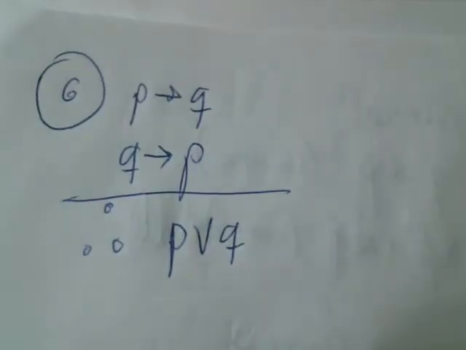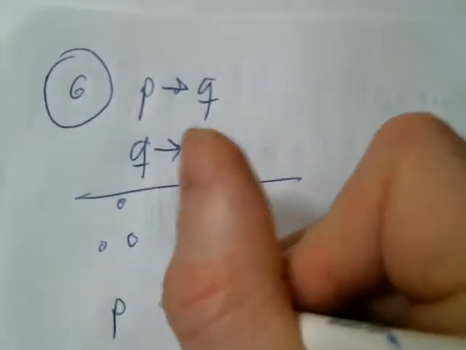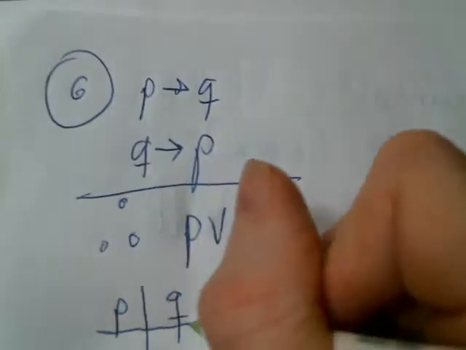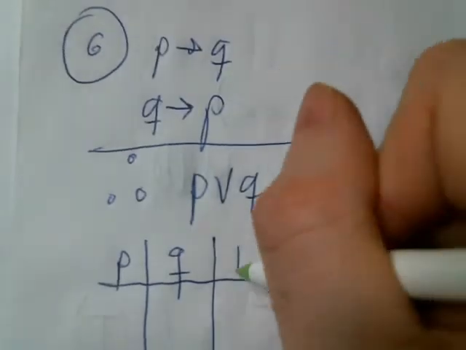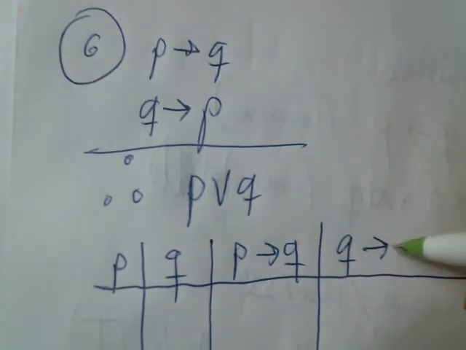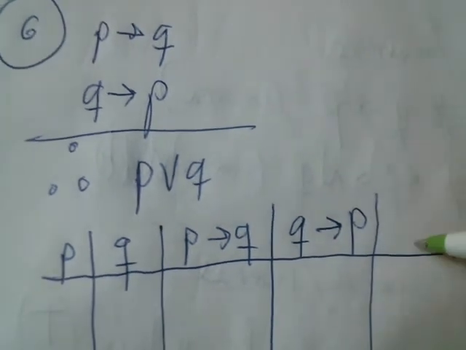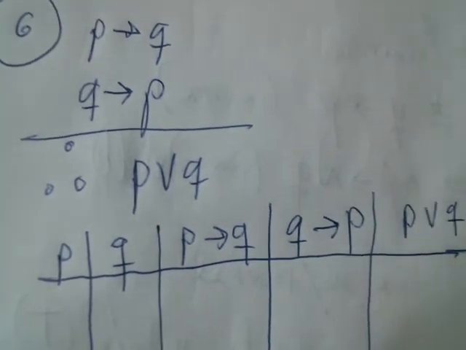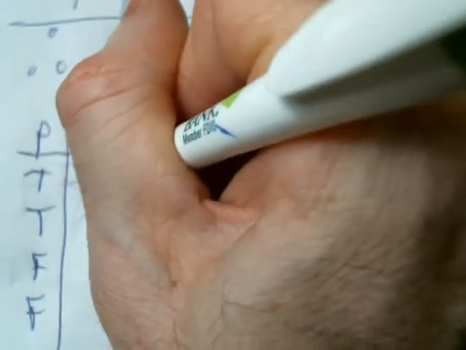Determine if that is a valid argument. So we go to our truth table with our P, Q, and then we need a column for the statements if P then Q, and then a column for if Q then P, and then a column for the conclusion, P or Q. Go through and populate: true, true, false, false; true, false, true, false.